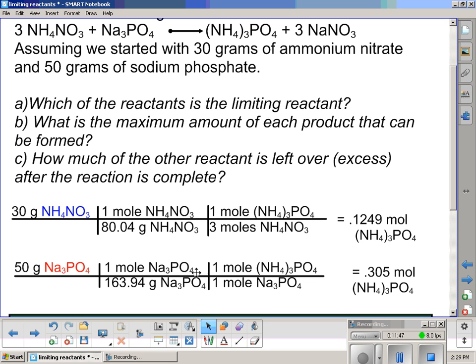And then we do our mole to mole ratio, and there's only 1 mole for each of those, so it doesn't really factor in math-wise. But this would be able to produce 0.305 moles if it were the limiting reactant. However, this being the smaller answer, we know that our limiting reactant is ammonium nitrate.